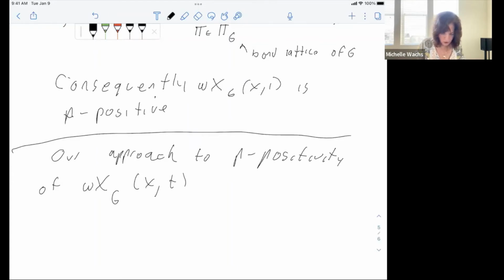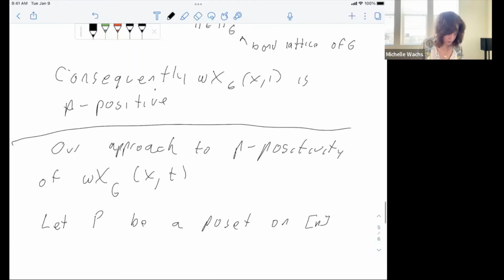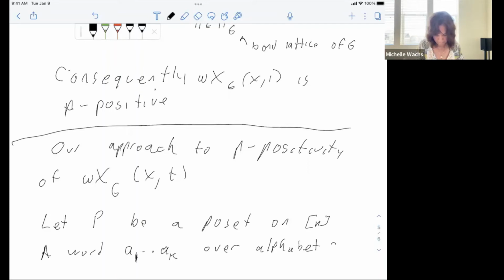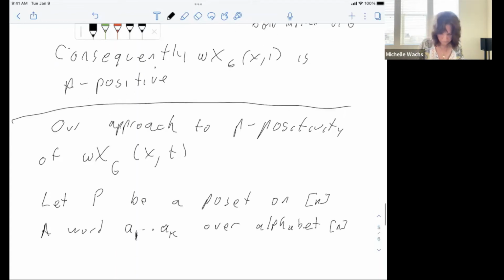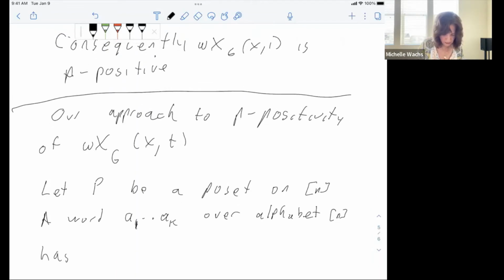Okay, so I need to describe some terminology now. Let P be a poset on N. A word a_1 through a_k over the alphabet N has a P descent.